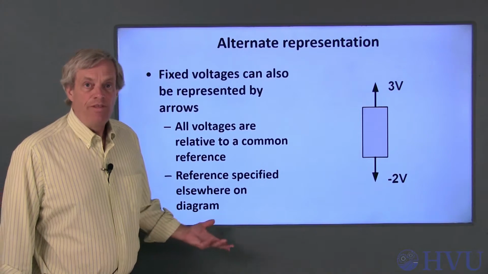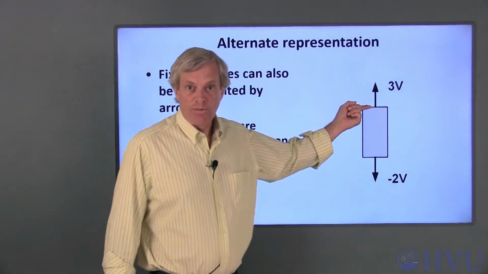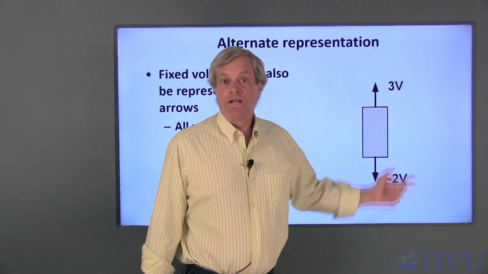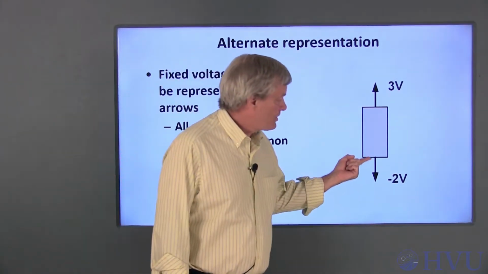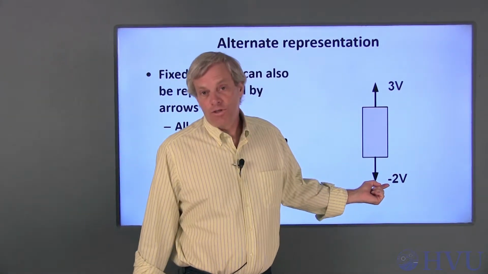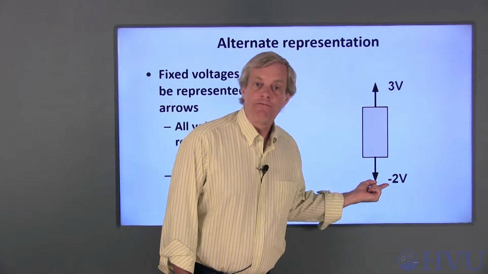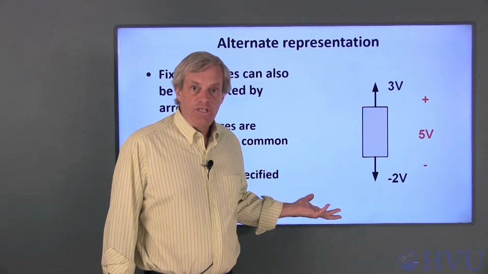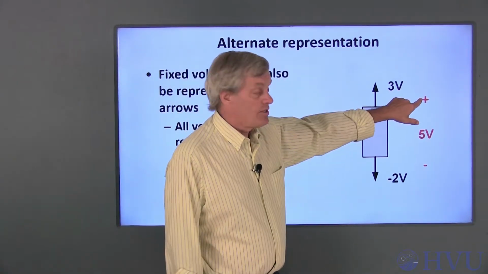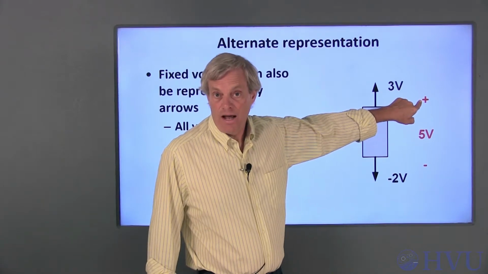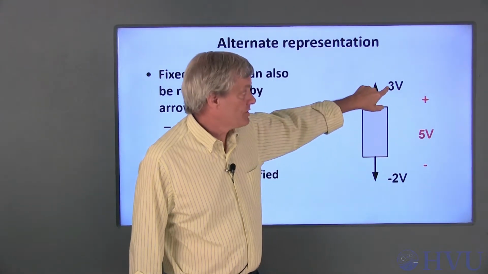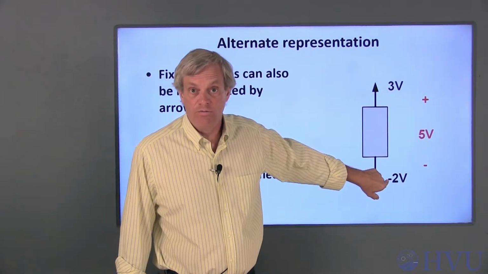For example, this indicates that the voltage at the upper terminal is positive 3 volts relative to some reference, and the voltage at the lower terminal is negative 2 volts relative to that same reference. That means that the voltage difference between these two terminals with the assumed positive polarity at the upper terminal is positive 5 volts, 3 volts minus a negative 2 volts.